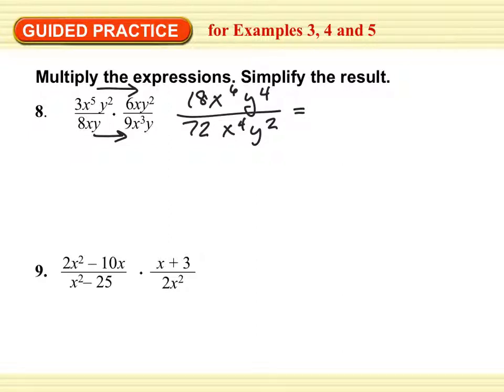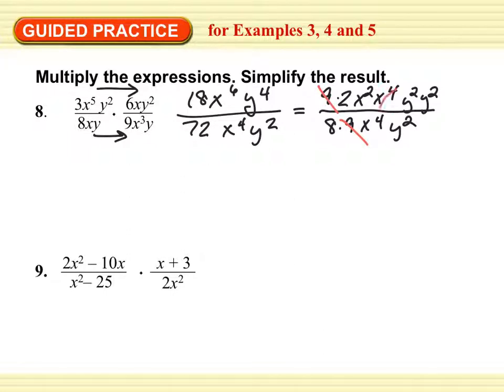Then I can factor 9 times 2. Looks like we want an x squared, x to the 4th, and y squared, because that matches up the bottom. 8 times 9, x to the 4th, y squared. Now I can cancel things out. A 9, x to the 4th, y squared.